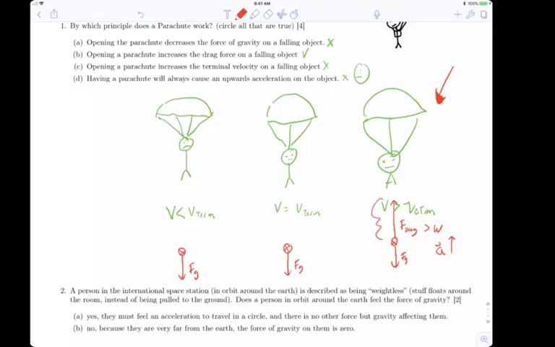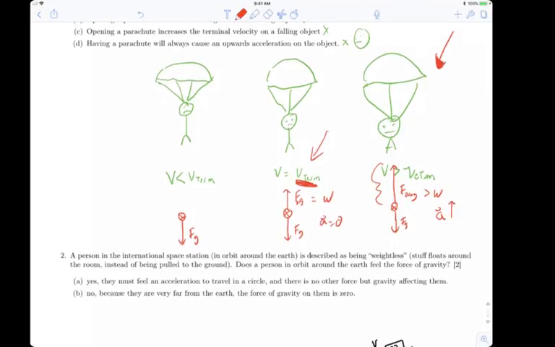In this case, where you're at the terminal velocity, the drag force is equal and opposite to the weight in terms of strength, and so the acceleration is going to be 0, and you'll be moving at your terminal velocity.